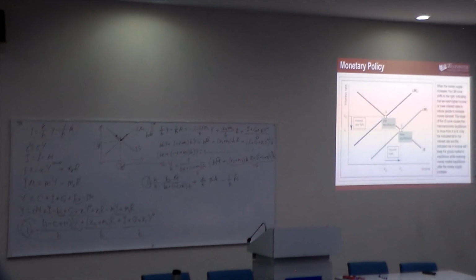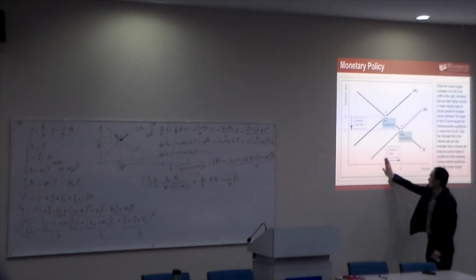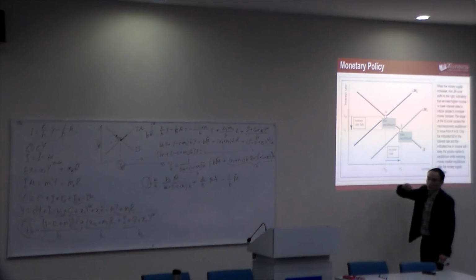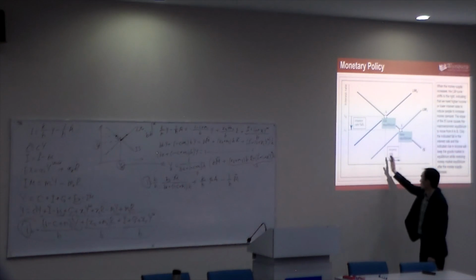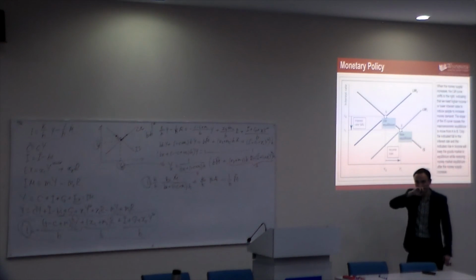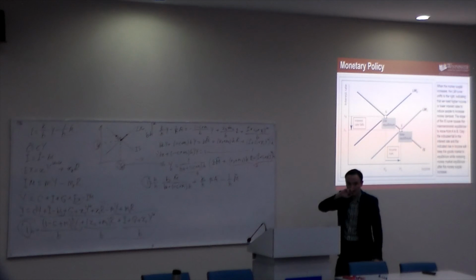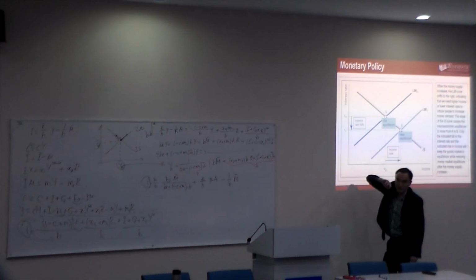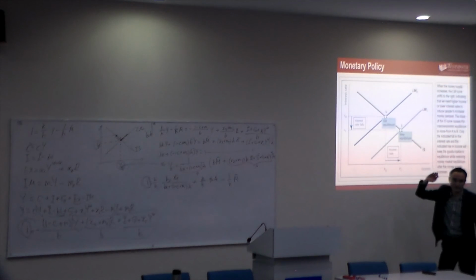What about in the case of monetary policy? In order to increase output, as you already know, the central bank is going to supply more money, right? Then the interest rate will go down, so output will increase.